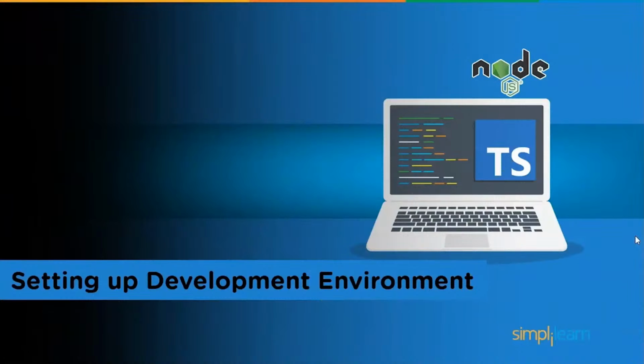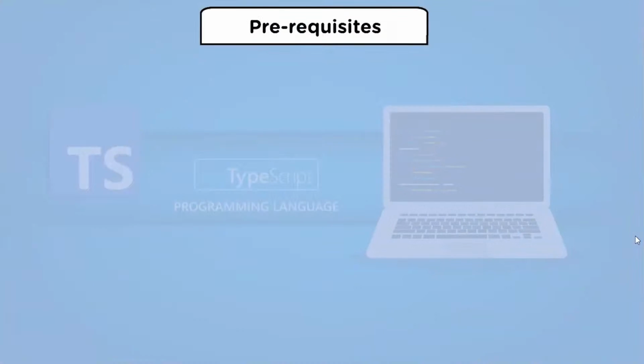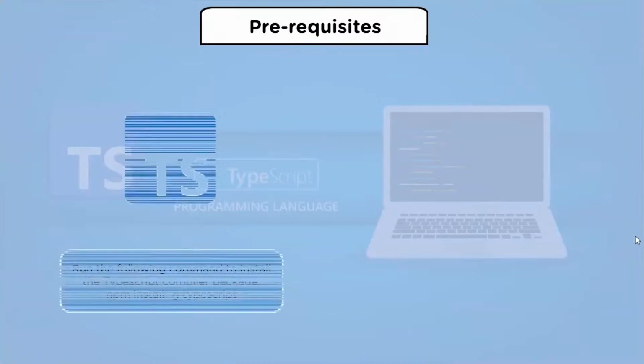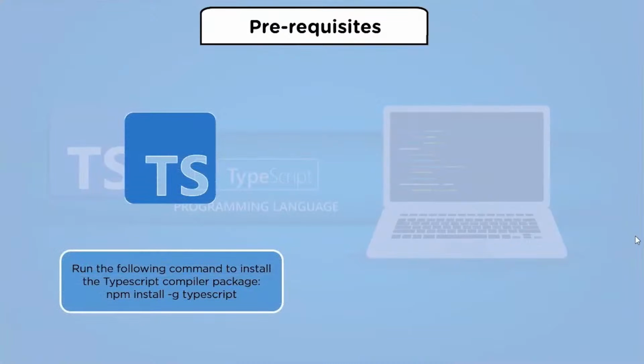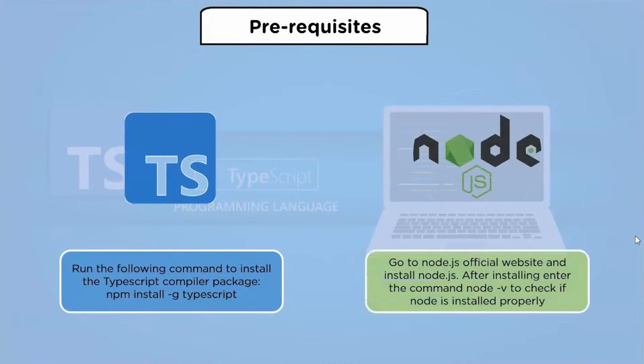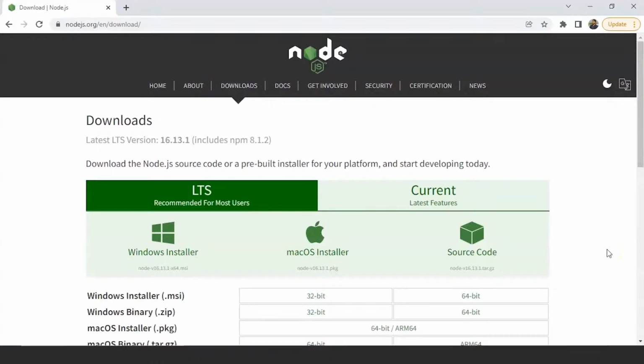Now let us see how to set up the development environment for TypeScript with Node.js. The prerequisites are that we need to have TypeScript and Node.js installed on our device. To install Node.js, go to the official website, nodejs.org, and go to downloads.